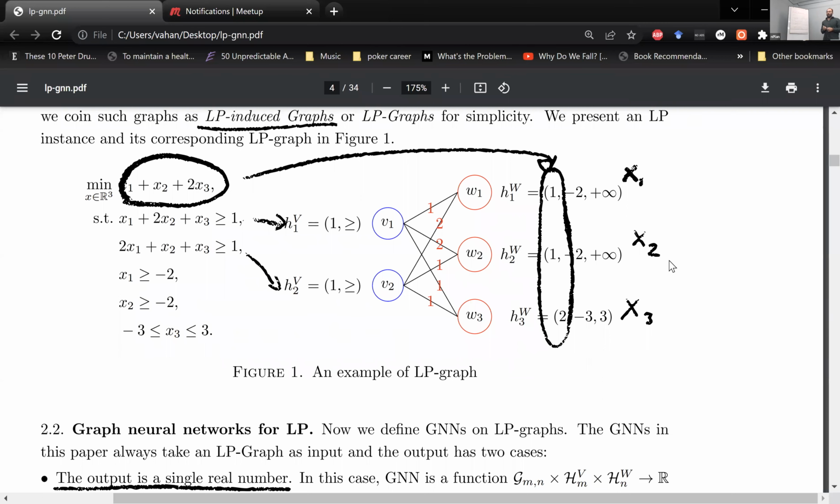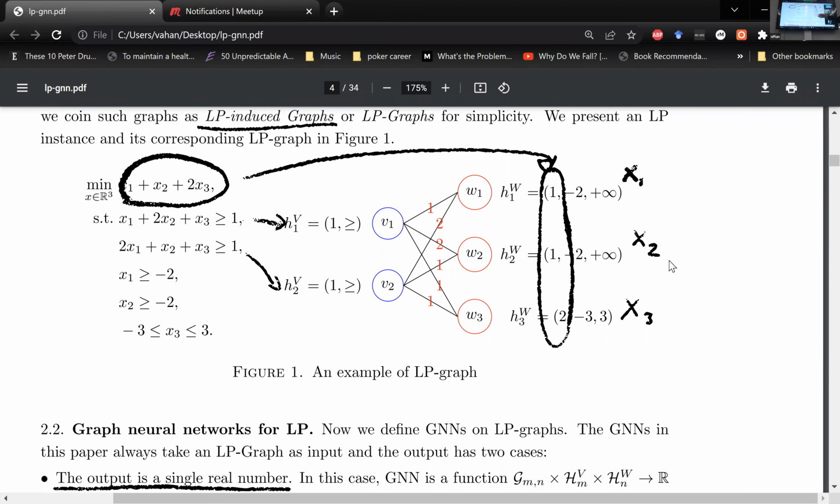The important part here is to also create the features, because you need features in your nodes. You have features on each side. On the constraint side they're denoted as V, and on the variable side as W. Maybe we should just look at this example here. On the variable side, they designed how it's represented.